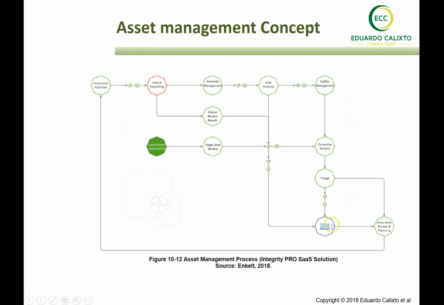If they have, for example, IBM Maximo, this will be linked to this asset management solution, and then everything will come to the assurance plan, which will be constantly reviewed by the manager concerning the budget limits and also the resources they have, and then they can constantly update this assurance planning here.